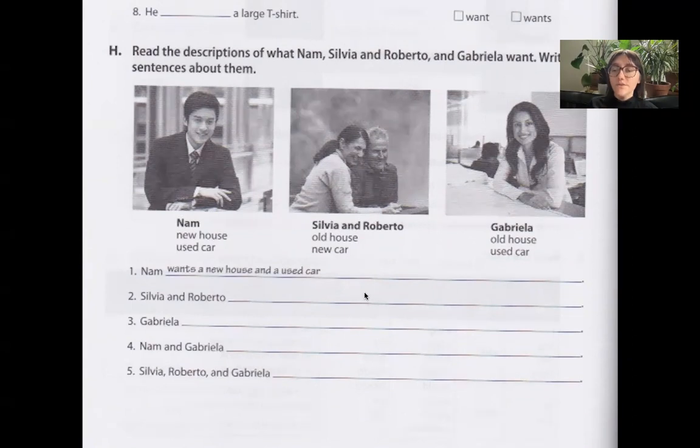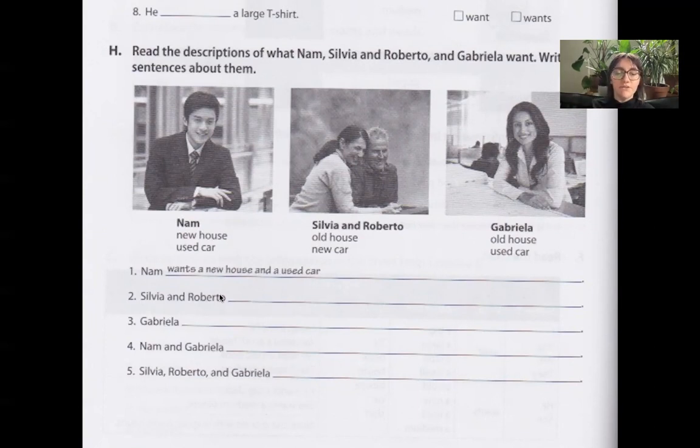Gabriella wants an old house and a used car, right? So we could just say this, Sylvia and Roberto want an old house and a new car, right? Gabriella wants an old house and a used car. Nam and Gabriella want, because it's they want a used car. They both want a used car.